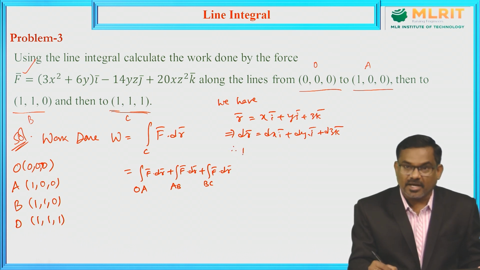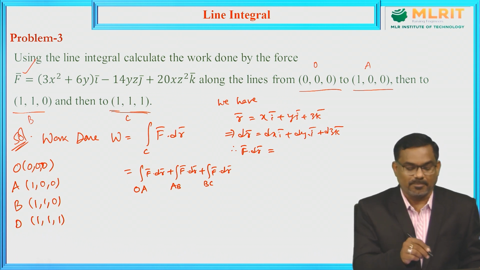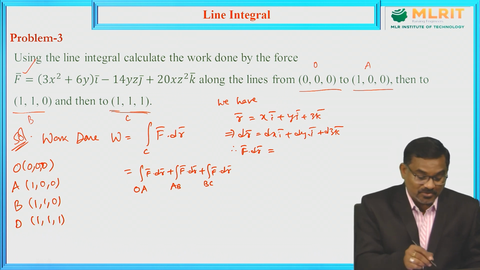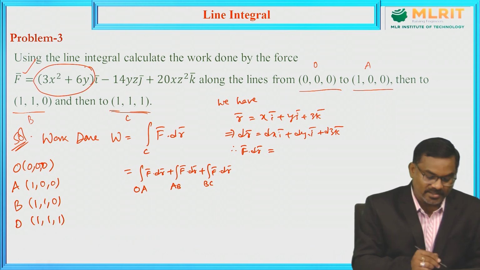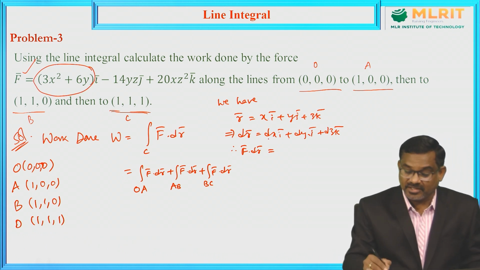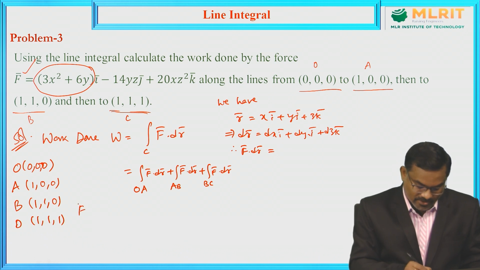Therefore F bar dot dr bar, the dot product between two vectors, is the sum of the products of corresponding components.